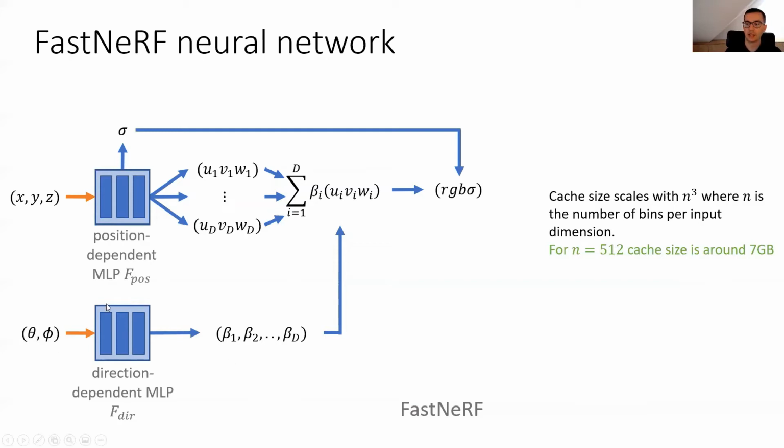And the direction dependent network outputs weights for the deep radiance map that combine the deep radiance map vectors into RGB. Importantly, this allows us to separately cache sigma and the deep radiance map as a function of 3 input variables, and the weights as a function of 2 input variables. This now means that the larger of the caches scales with the number of bins to the power of 3, and so for a cache of 512 bins per dimension, it's all around 7 gigabytes, easily fitting into memory.